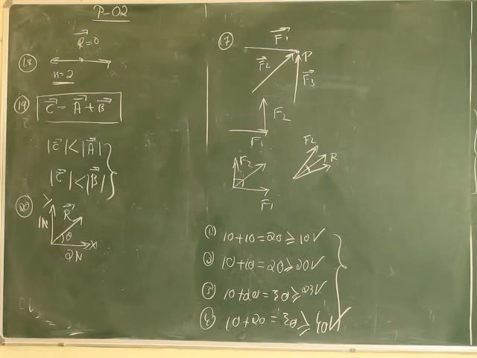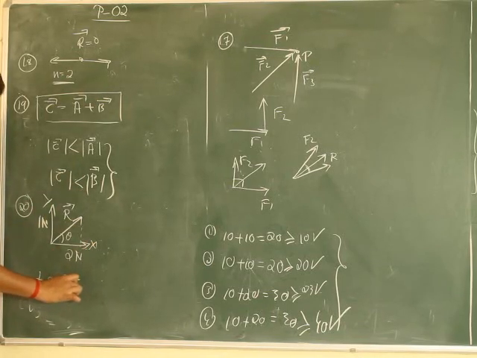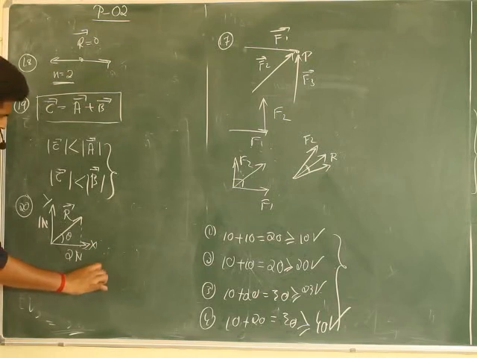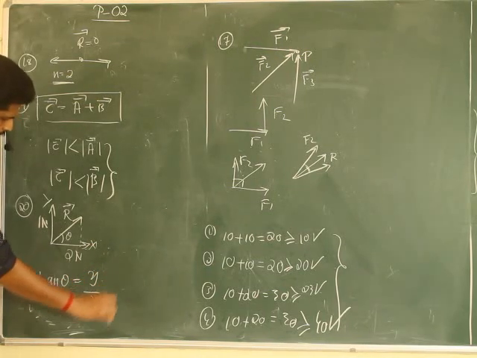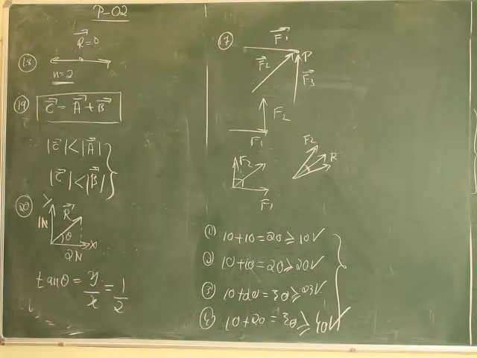What are those values? If you just consider this one, it's a right angle triangle, tan theta equal to what? Y divided by x. How much is y? 1 Newton. How much is x? 2. Correct?